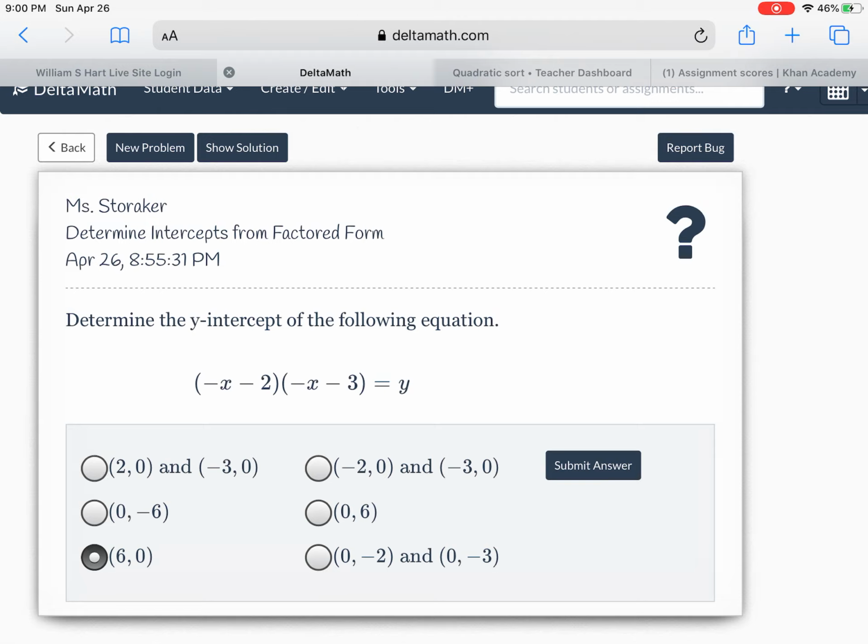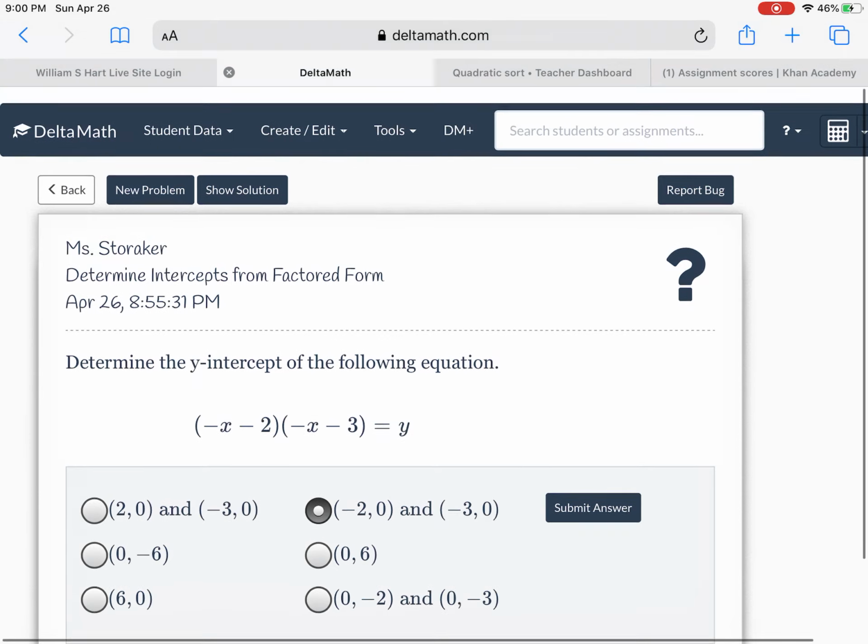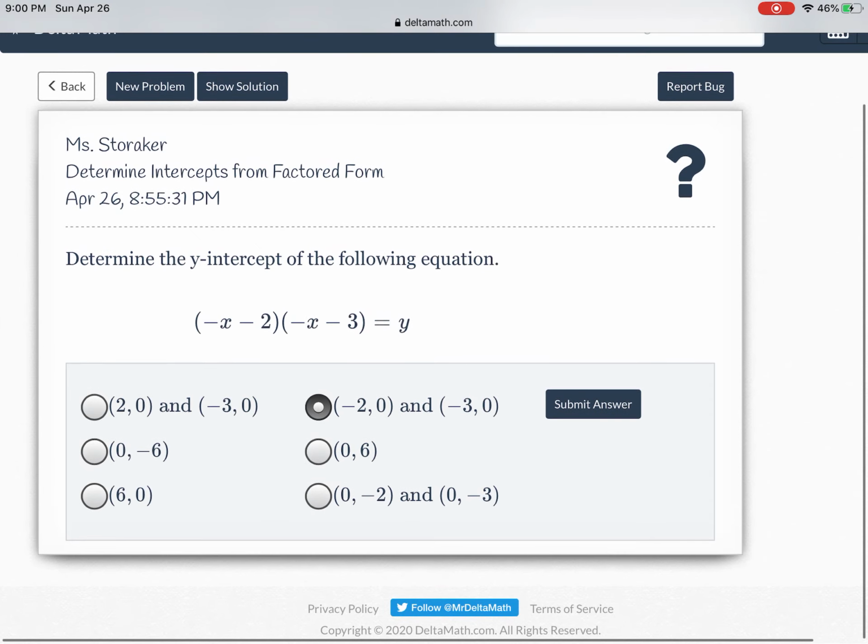It's not this one. It's not that one. -2 and -3, both with zeros in the second spot. So notice they put this one to trick you, but it's that one because it's for the x's. Oh, it is not for the x's. It's for the y-intercept.